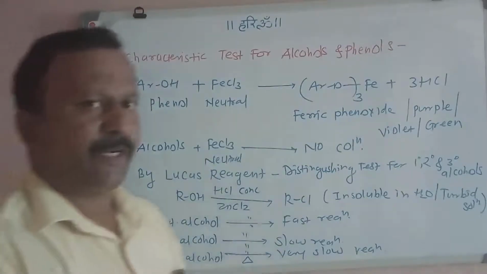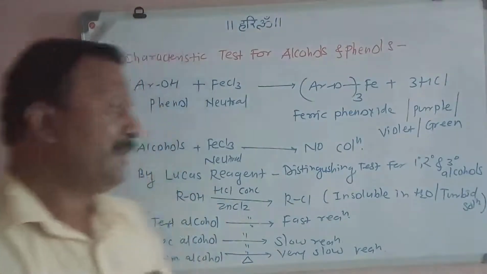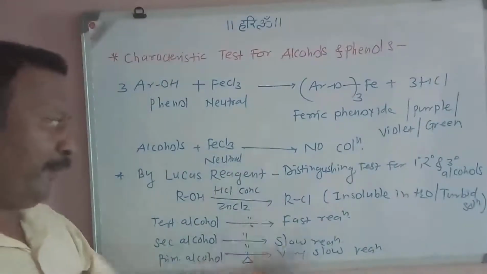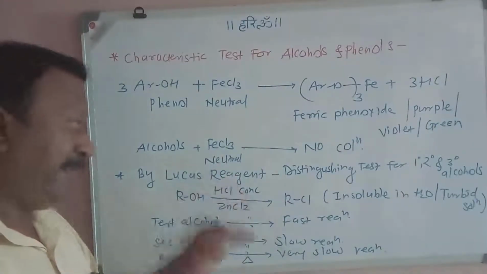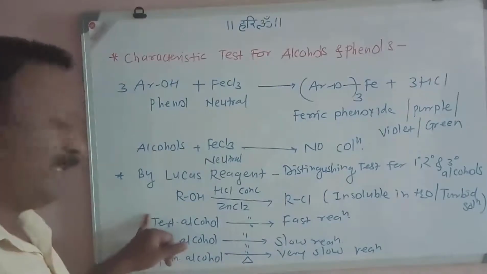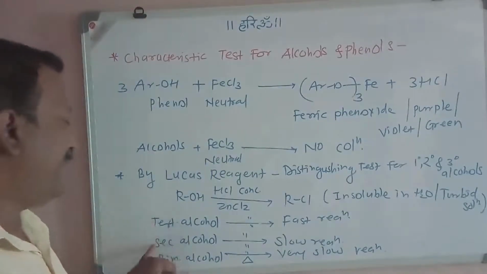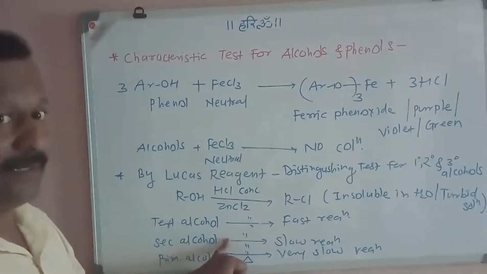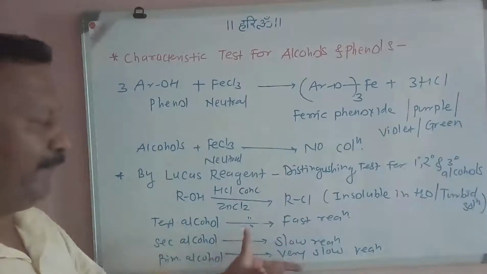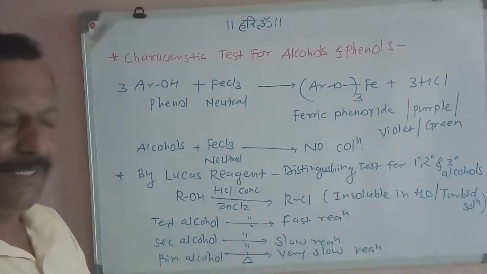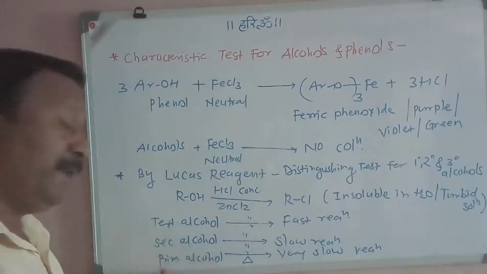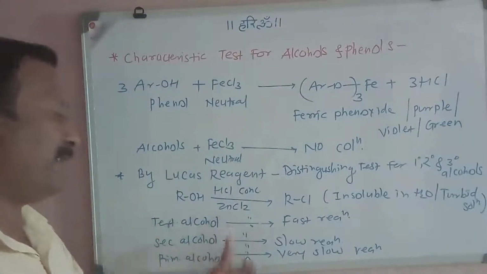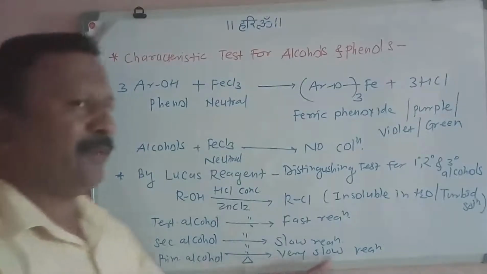Take the first test, for tertiary alcohols. When it is treated with Lucas reagent, that is concentrated HCl in presence of zinc chloride, and turbidity is obtained immediately, it indicates that the alcohol must be tertiary alcohol. When secondary alcohol is treated with this Lucas reagent, the turbidity occurs, but after a certain time, that is a slow reaction. When primary alcohol is treated with Lucas reagent, there is a very slow reaction.